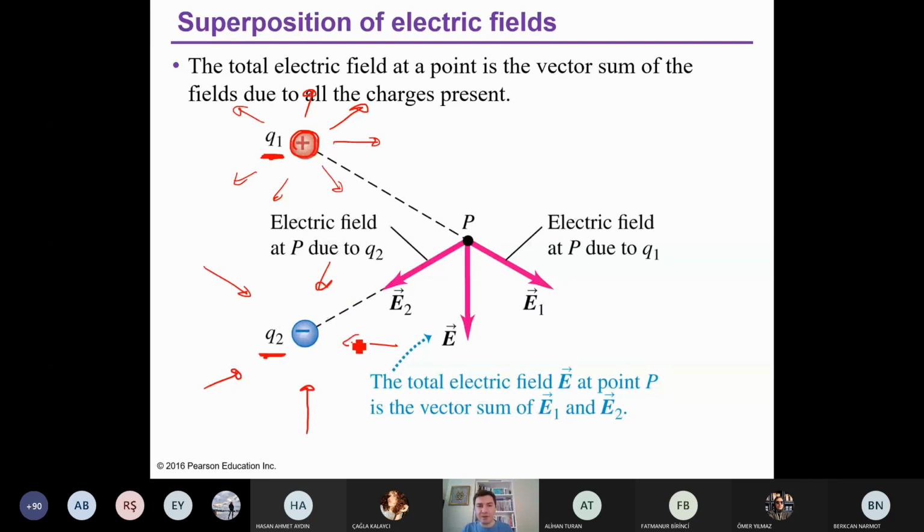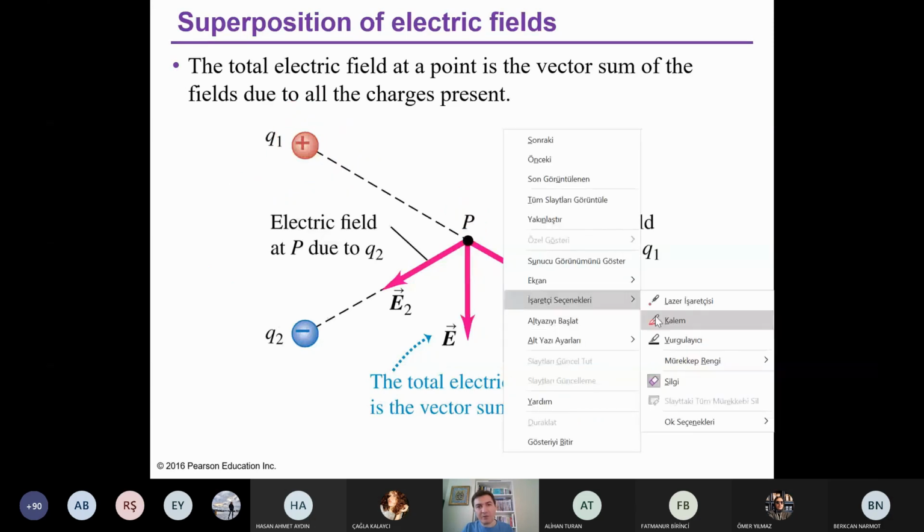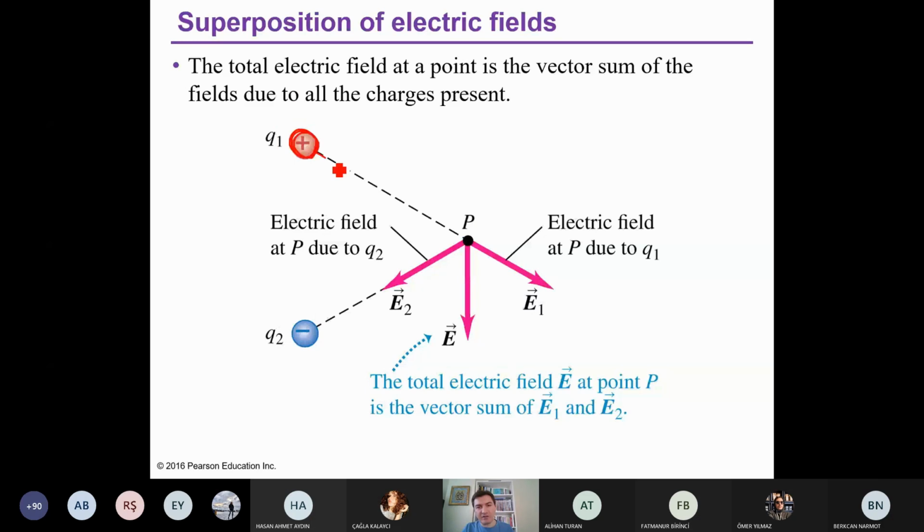How to do that? So first of all, look at the first one. Here I have a positive charge. It has a certain R1 distance to the P point, and it produces electric field in this direction at this point. It is given with E1. Okay. And here I have another charge, which is negatively charged, Q2, and it has this distance to the P point.